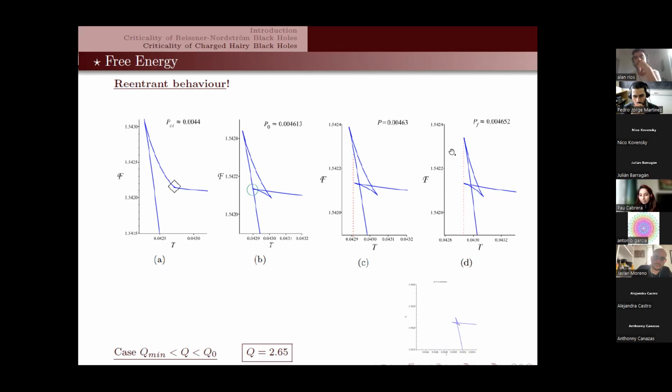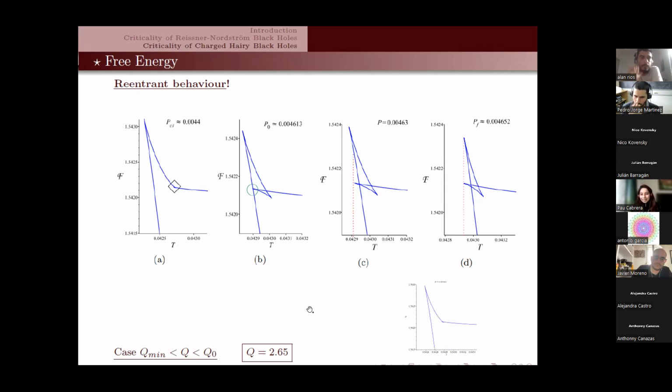In D, the temperatures of the two cusps coincide, and the zeroth order phase transition ends.